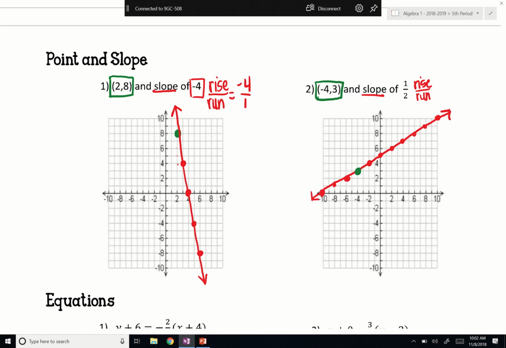It's a constant rate of change. It's going to continually keep going. Are we okay with points and slope? So these 2 examples on your notes are going to help you with number 7 and 8 on your practice. Are we okay with that? Got it? Okay, let's keep working. Let's see if we can get these notes done in 10 minutes.